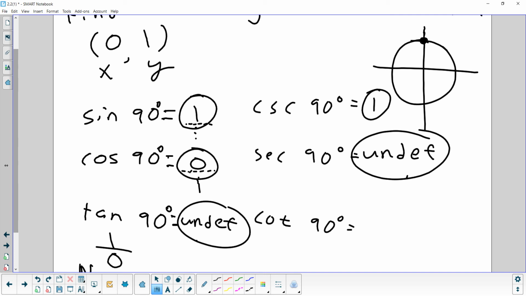Well, undefined is 1 over 0, so when you flip it, it becomes 0. Flip 0, you get undefined. Flip undefined, you get 0. And those are our 6 trig functions for 90. Questions on those?